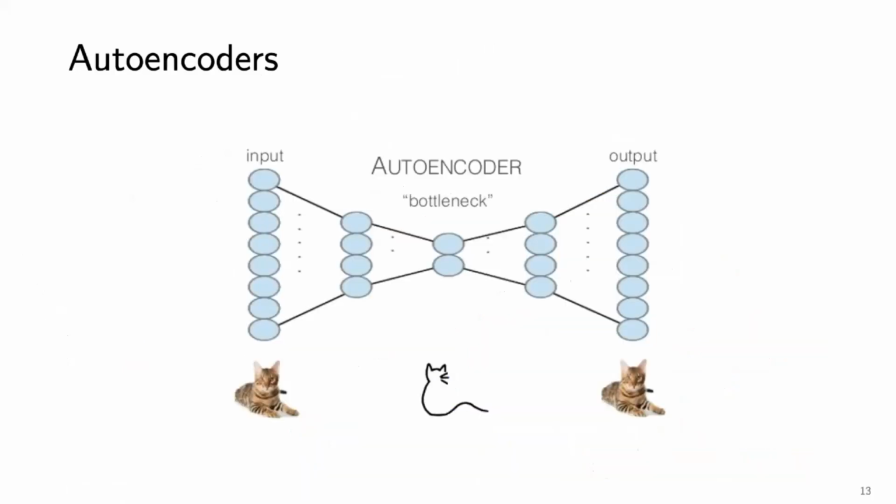So I mentioned autoencoders, so maybe I'll just briefly describe what they are. What autoencoders do is they take a high dimensional input, map it through a sort of bottleneck in the middle where you have a low dimension, and then map back out to the same dimension as the input for the output.